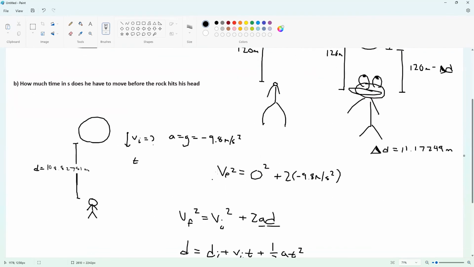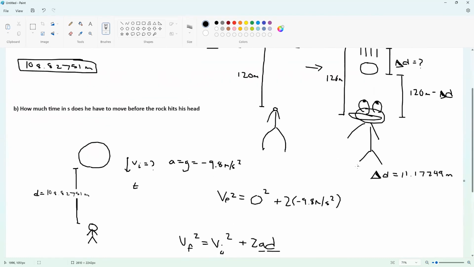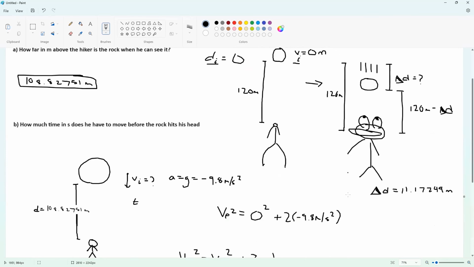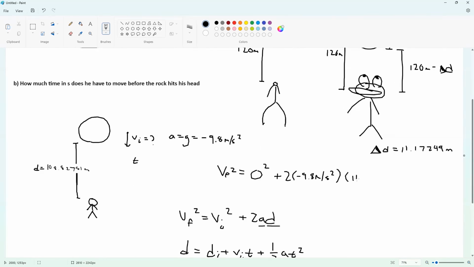So the final velocity after it's fallen some distance is equal to its initial velocity squared plus 2 times the acceleration over the distance. And that distance will be, where's the distance? It's going to be equal to 11.17249 meters. Let's go ahead and put that in our calculators.